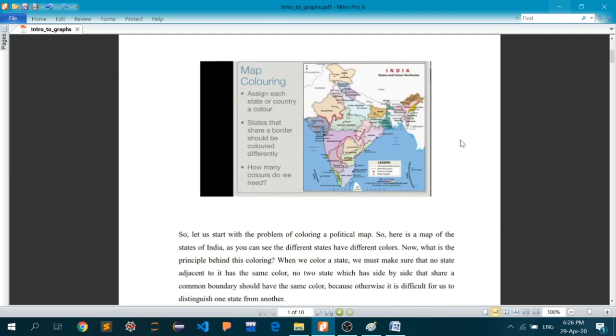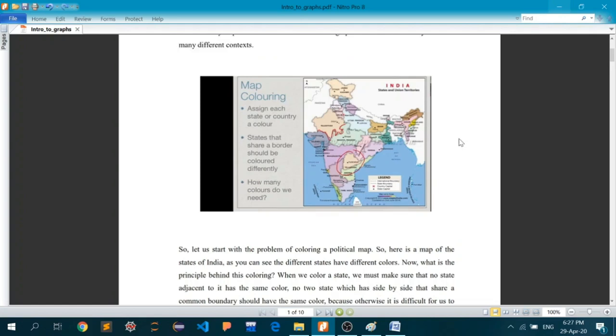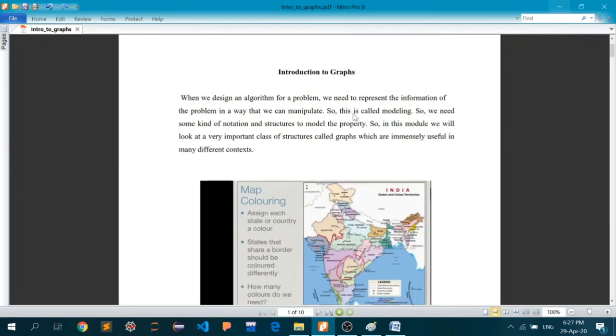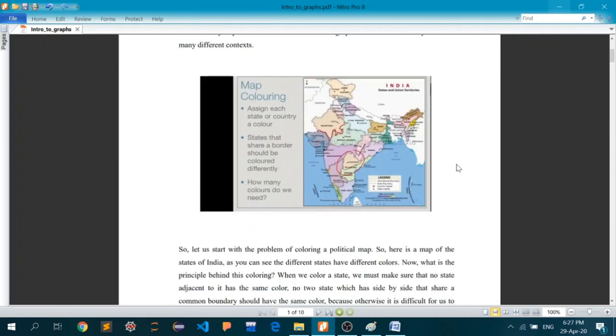Now, how can we define a graph by using the map of India? What I have tried to explain on the first few pages of the notes that I have provided you, under the title introduction of the graph, is how I managed to get a graph out of the political map of India.